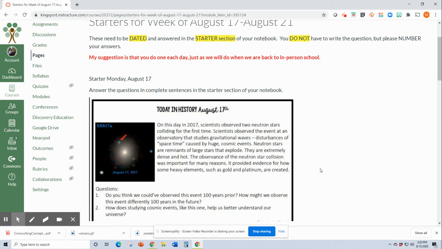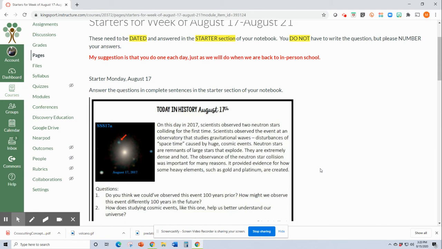On this day in 2017, scientists observed 2 neutron stars colliding for the first time. Scientists observed the event at an observatory that studies gravitational waves, which are these wacky disturbances in the space-time fabric caused by big, huge cosmic events. We're going to talk more about that.